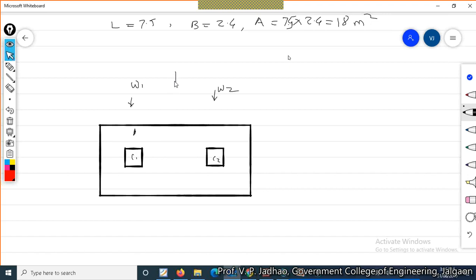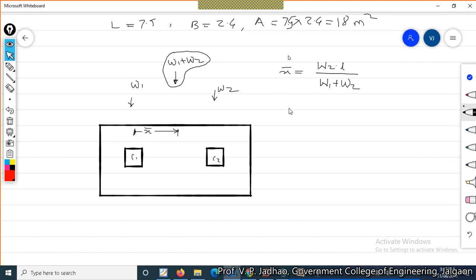The CG of these two loads will be acting somewhere here, the combined effect of W1 plus W2. Let us consider this is acting at a distance x bar from the center of column C1. So we have the equation x bar equal to W2 into small l divided by W1 plus W2. Draw this figure.